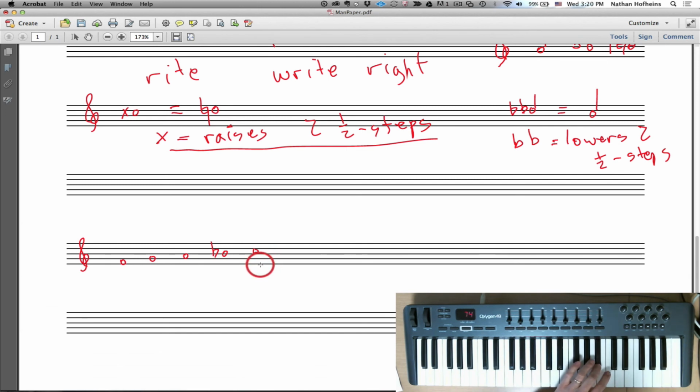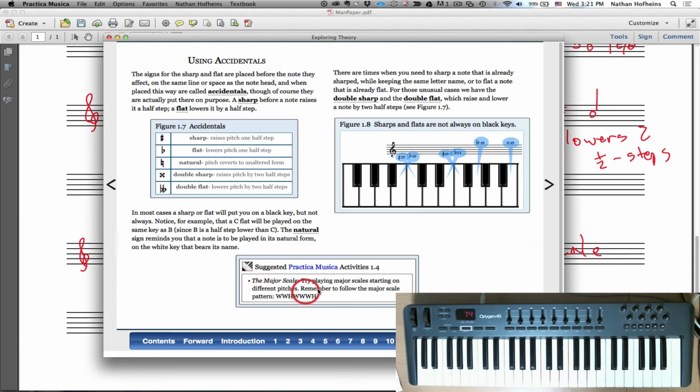Whole, whole, half, whole, whole, whole, and then another half. So we could say that the F major scale has one flat in it, and it's a B flat. And in the Practica Musica activity, you'll be able to practice playing major scales in different keys, or starting on different keys.